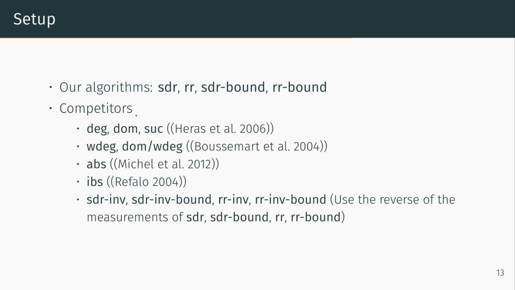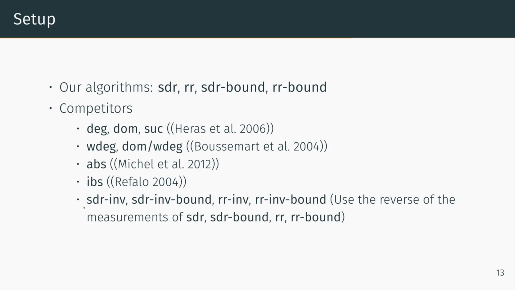And we have our competitors here. There are some traditional ones that are based on degree, domain size, weighted degree, and there are newer ones that are more complicated, and they're based on some activities during the search environment and so on.